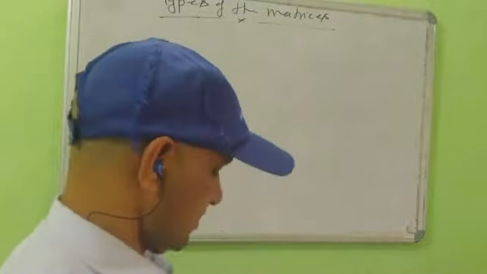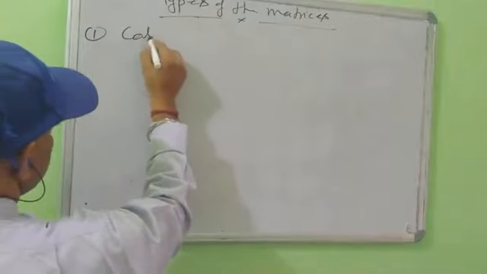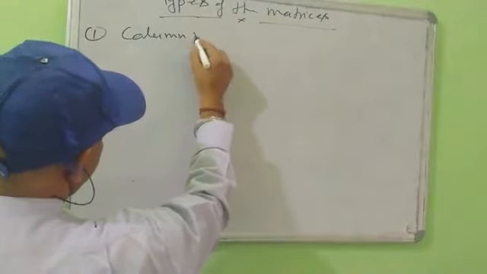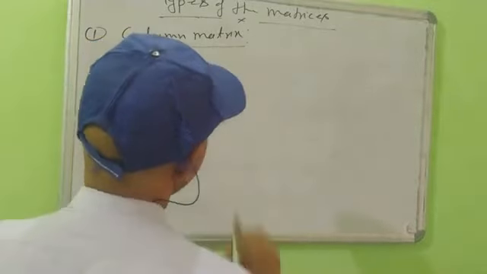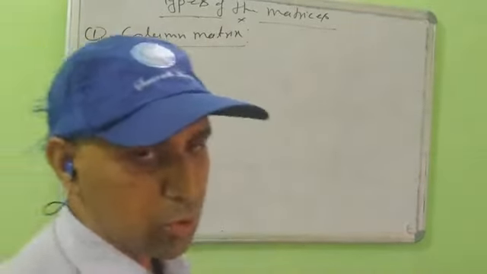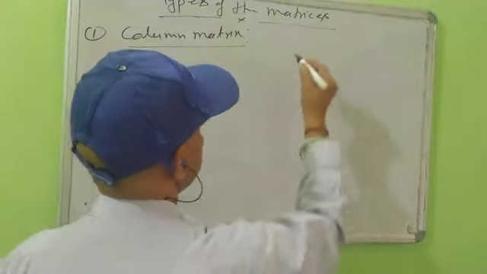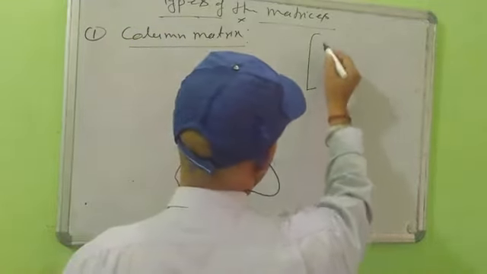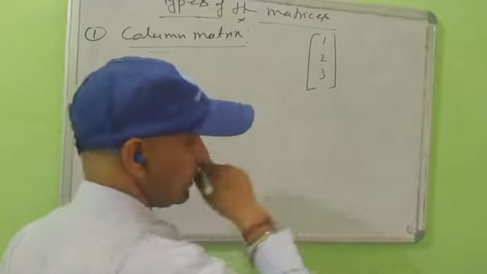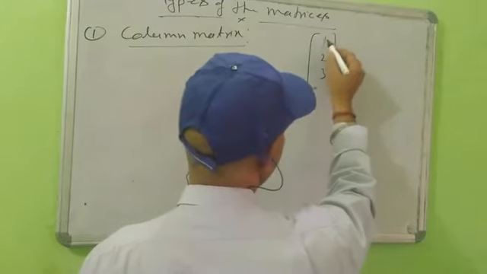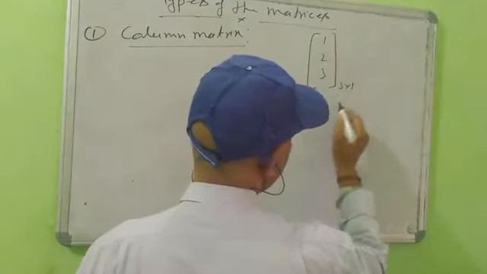Types of matrices. The first type is the column matrix. What is a column matrix? A matrix having only one column is called a column matrix. Here, how many rows are there? First, second, third, so 3 rows and only one column.